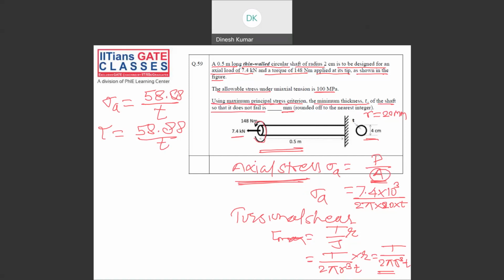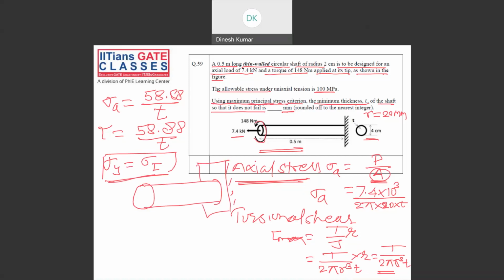So that means at failure, we know sigma y will be equal to sigma 1, the maximum principal stress. Now we have to find the principal stress. So if you see this shaft, it is fixed here.